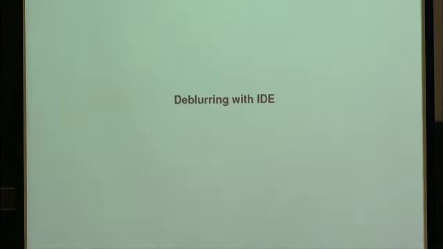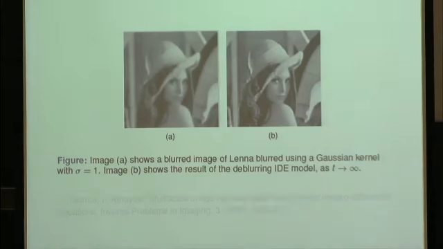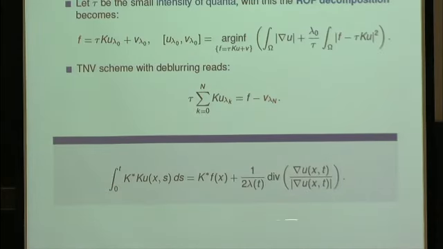So, deblurring with IDE, which is something that I don't want to spend too much time on, is basically the same thing, except now you have a convolution or blurring operator k. The TNV scheme with deblurring is something like this, which gives rise to this integro-differential equation with this k star.